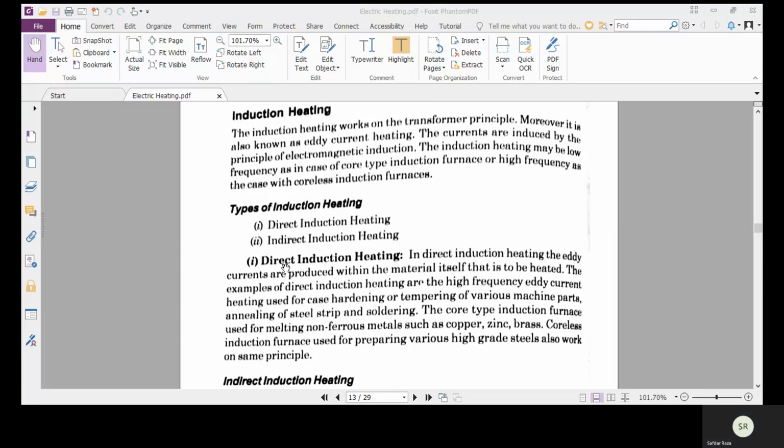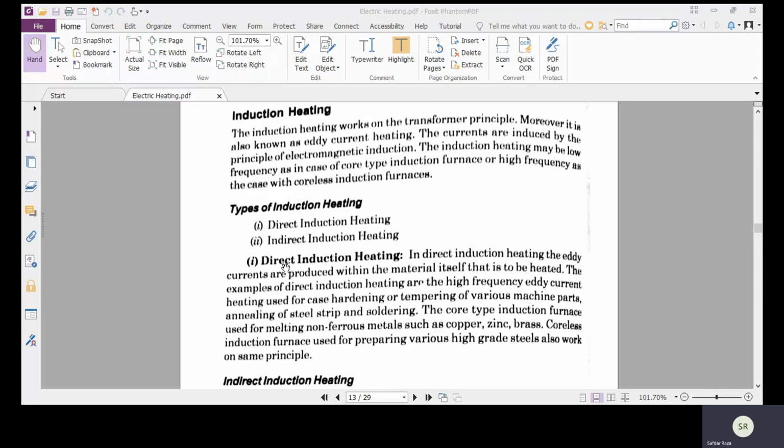So, to conclude, direct induction heating is that heating where the material acts as the secondary and the eddy currents are produced within that material which is to be heated or melted.